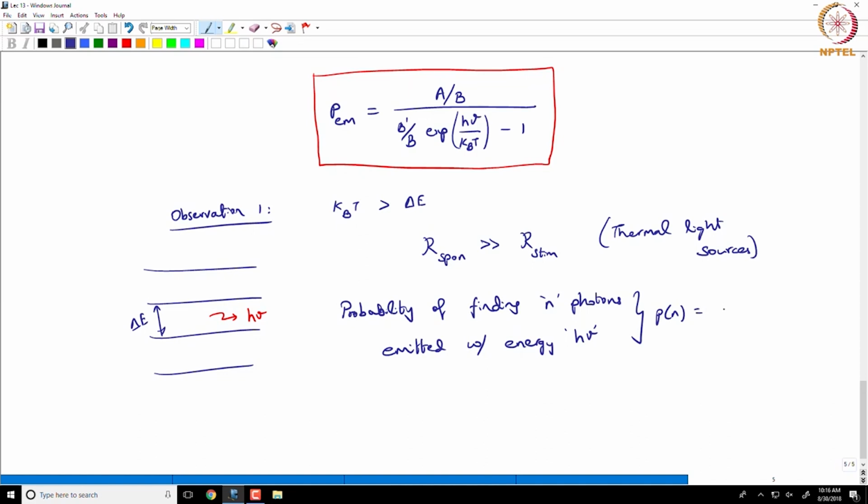So, the probability of emitting one photon would correspond to this value, and so the probability of emitting n photons, since it is statistically independent, will correspond to that expression, exponential of minus h nu over kBT, to the power of n.